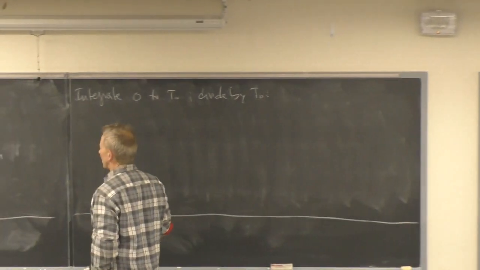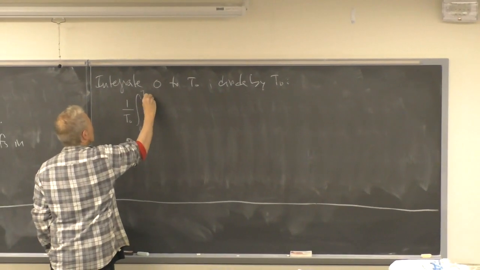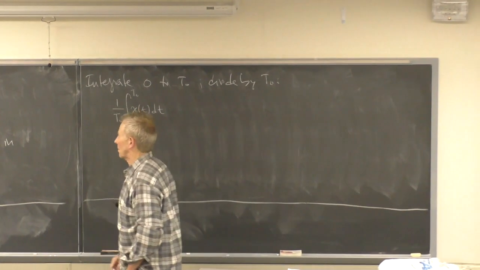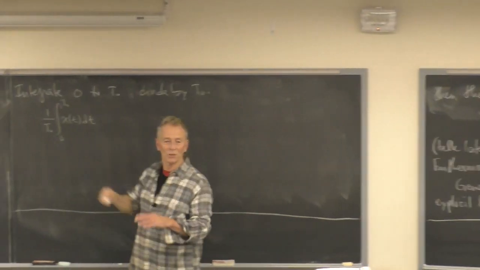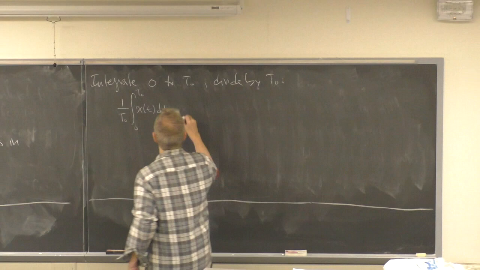What do we get? On the left-hand side, we get 1 over t0 integral from 0 to t0 x of t dt. And remember, the x of t has been presented to you as an explicit function of t or maybe a graph. So you can figure out what that is. What do we get on the right-hand side?